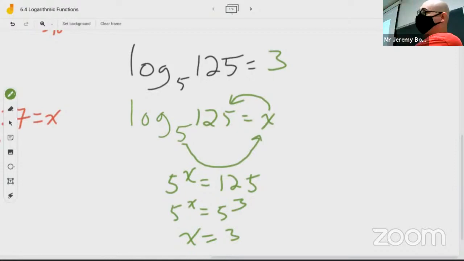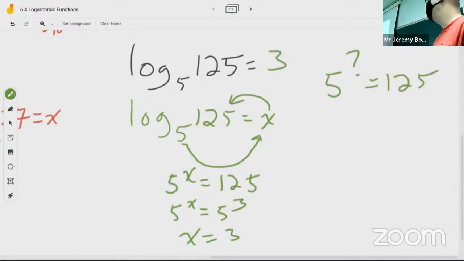So you're right. What it's saying is, what power do I have to raise 5 to get 125? That is what that logarithm is asking, because it's the inverse function of an exponential function.